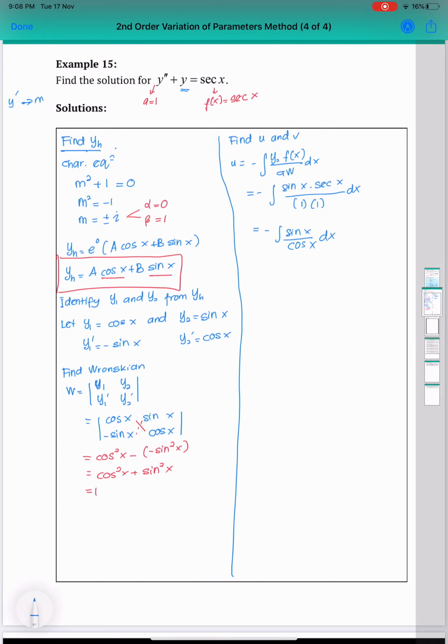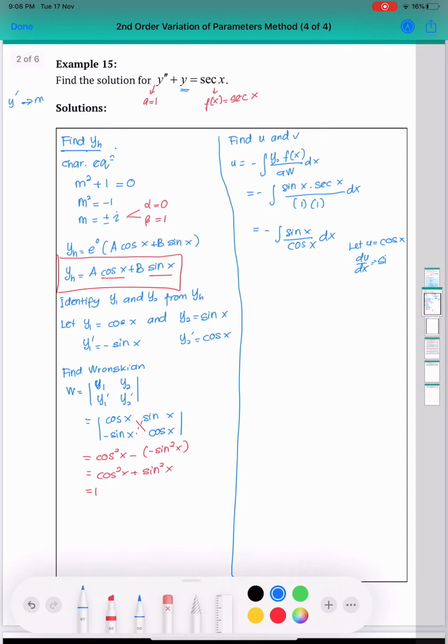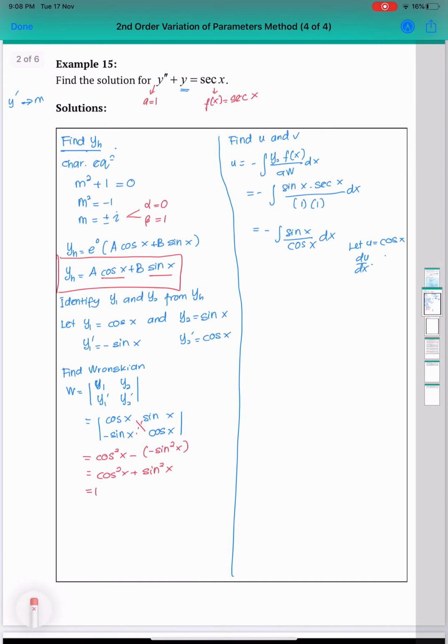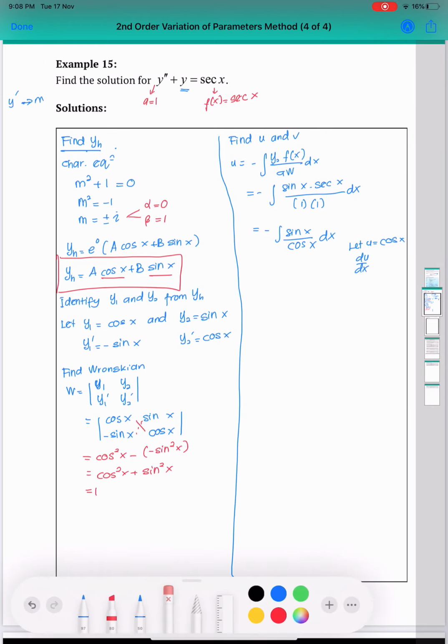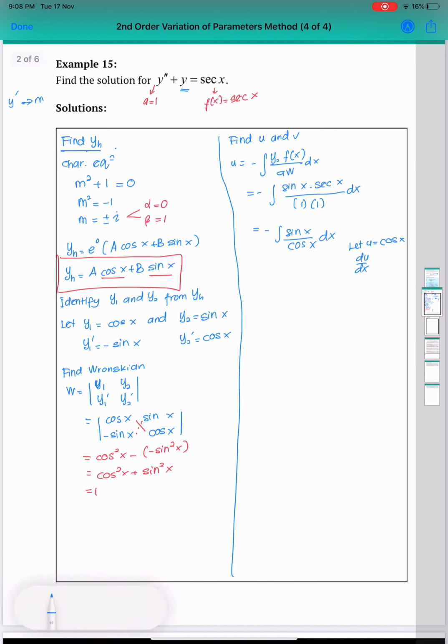So how to integrate this? Let u equal to cos x, so du/dx is equal to negative sine x. So du equal to negative sine x dx.